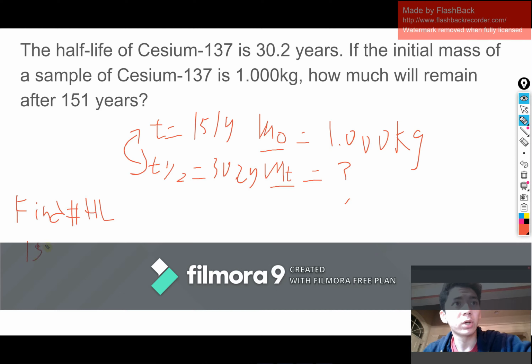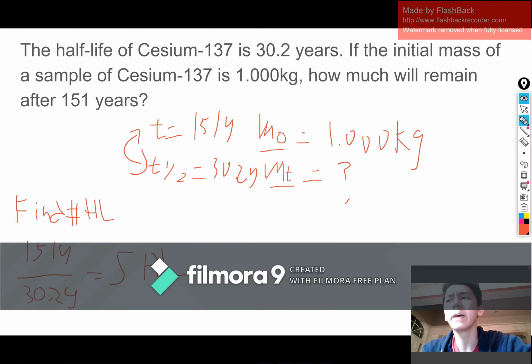For this one, it's 151 years divided by 30.2 years, which equals 5 half-lives. So cesium-137 is going to go through 5 half-lives in 151 years.